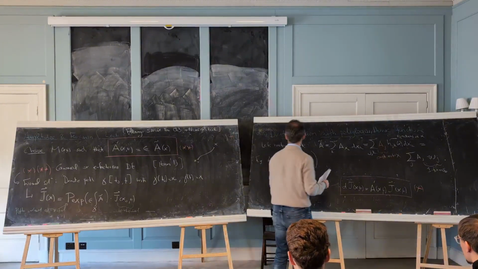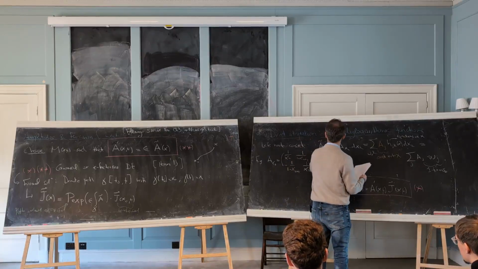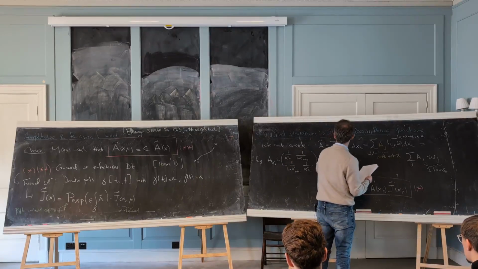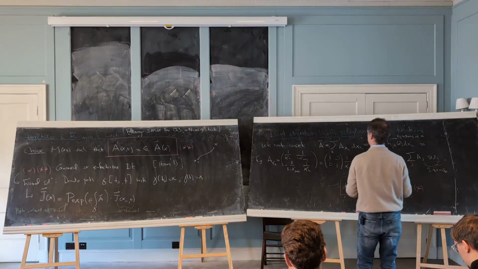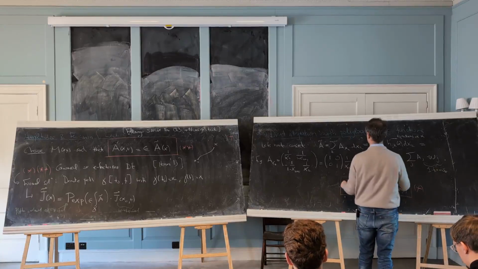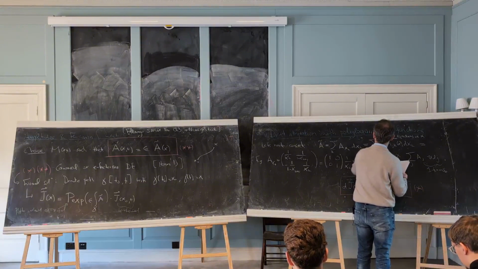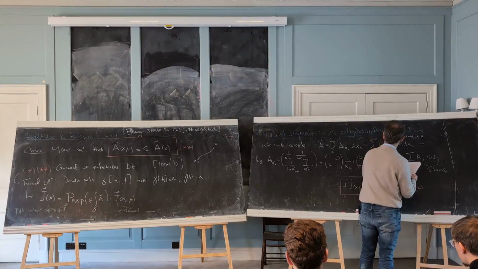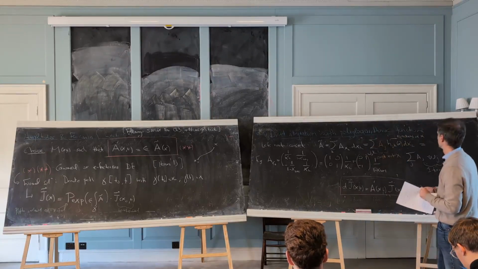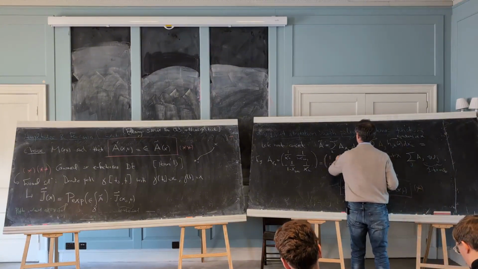And then we can write this as the matrix 1 0 0 1 times 1 over xk, and then plus the matrix 0 1 minus 1 times 1 over 1 minus x to the k plus 1.